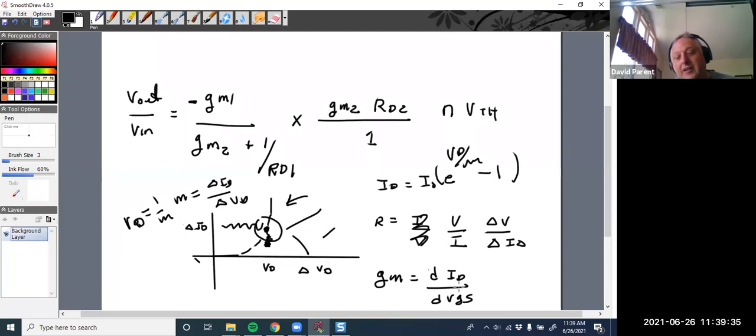To find GM, you're taking the derivative of that. And to find ID, I can take the derivative of that, but of course it depends on whatever VD is to begin with. So you are taking a derivative.